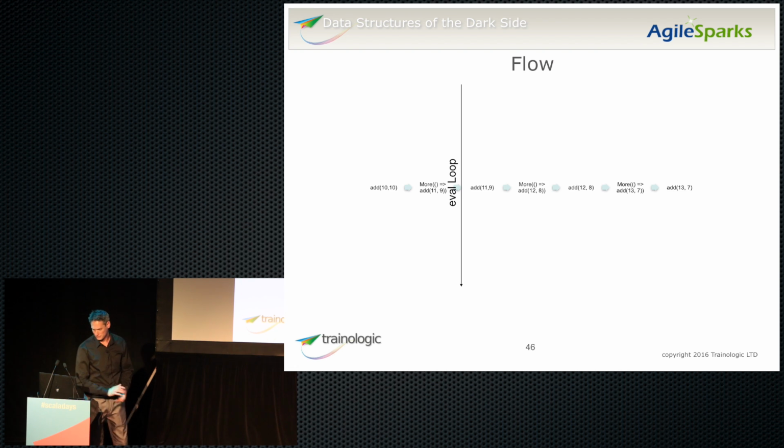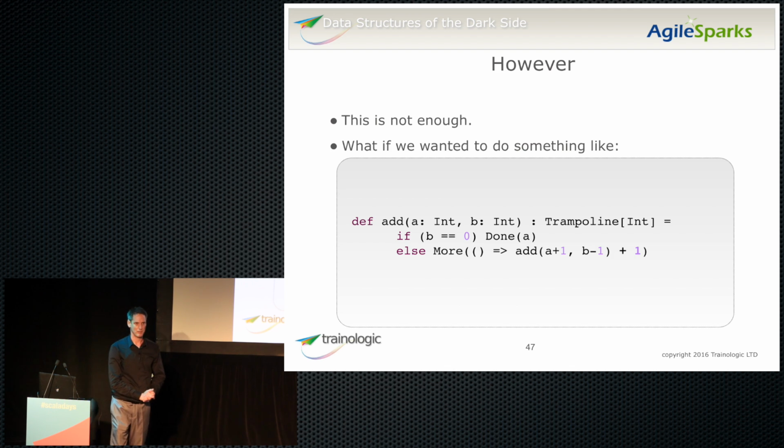That's very nice, but that's not all. Because what if I want to do some operation on the output? Here, I want to invoke add recursively, but append 1 to it. It will not work because add returns a trampoline. It's not an int. You cannot add 1 to it. And it looks like a functor.